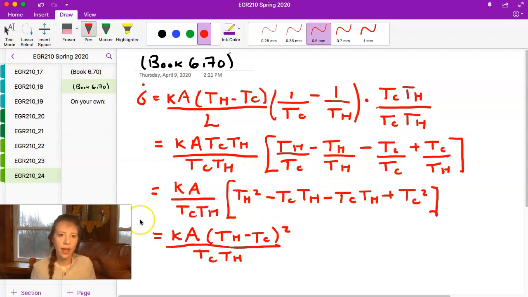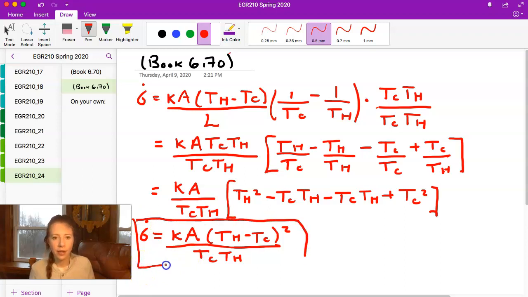Okay, and so that is going to be our sigma dot, our entropy production, entirely in terms of kappa, area, TH, and TC.